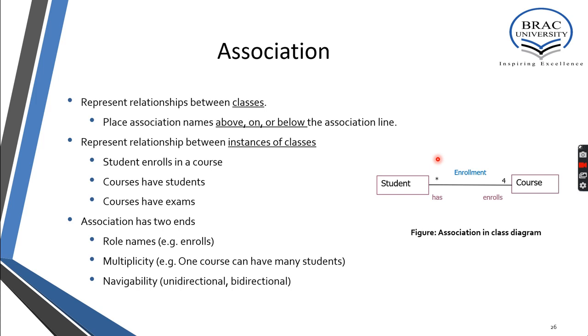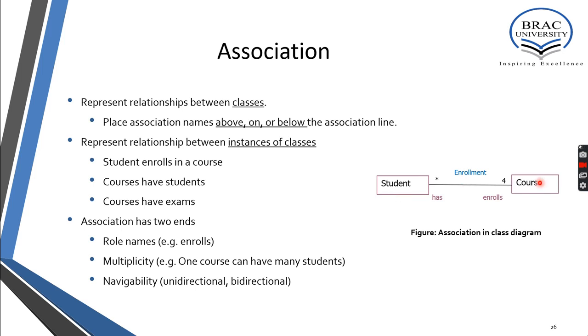Then the association, as we said, represents the relationship between classes. In the association relation, there are some additional things. If we say that a student and a course are two entities or two classes, then they have some connections.